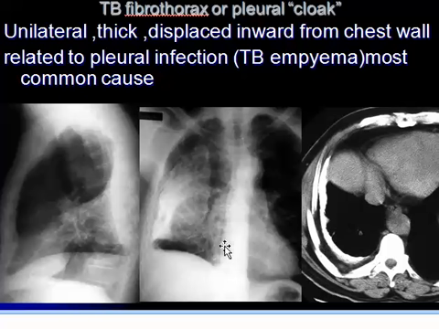So fibrothorax due to TB is usually unilateral and dense, causing dense calcific changes away from the chest wall due to partially collapsed lung, and it appears as an opacity more peripherally dense, and this is called the pleural collar or the TB fibrothorax.